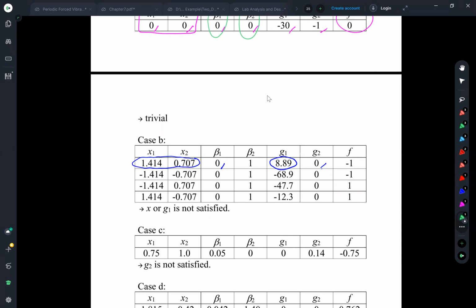Look at case B. In this case, we start by setting beta 1 and G2 to zero. With these given conditions for beta 1 and G2 being zero, we can obtain x1, x2, beta 2, and G1 as the result. And you see the numbers we obtain here, something violates the conditions we must satisfy.